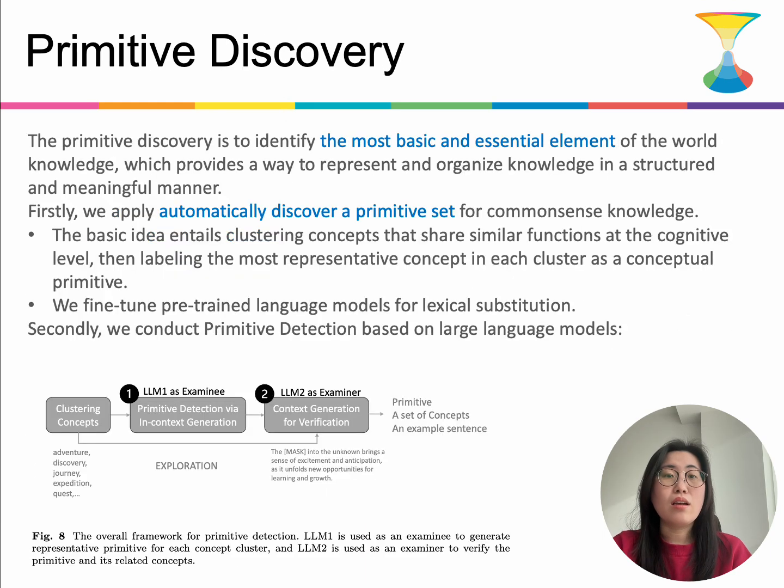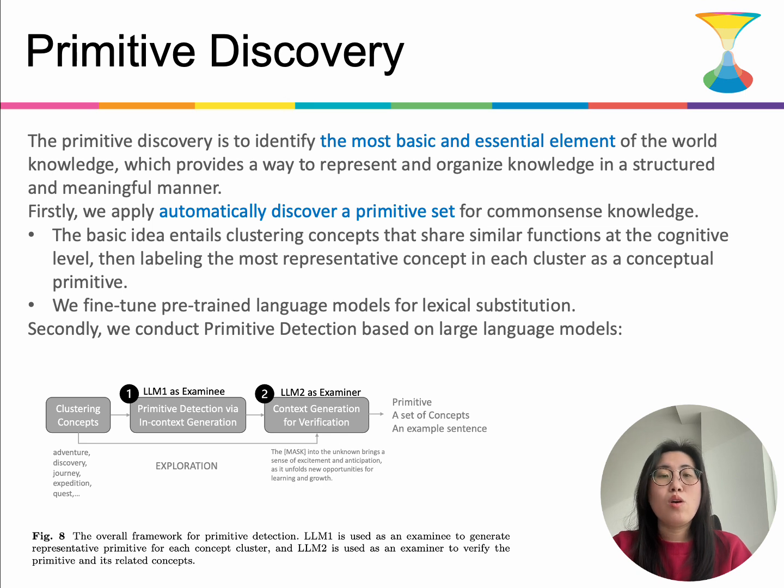In our method, the primitive discovery is to identify the most basic and essential elements of world knowledge, which provides a way to represent and organize knowledge in a structured and meaningful manner. A well-designed primitive set can help to produce a more accurate and reusable knowledge base. However, creating a good set of primitives is extremely time-consuming and labor-intensive.